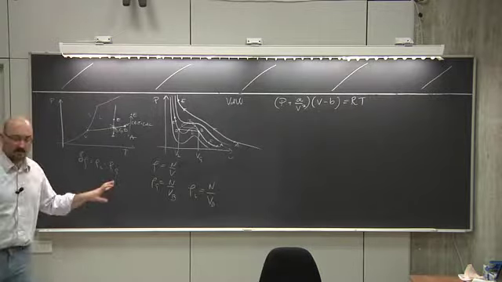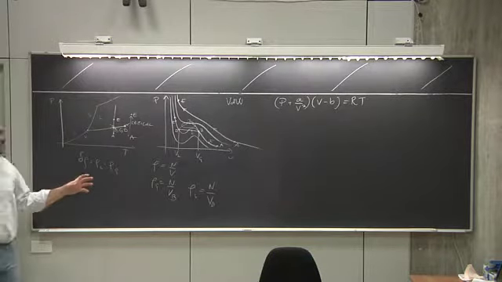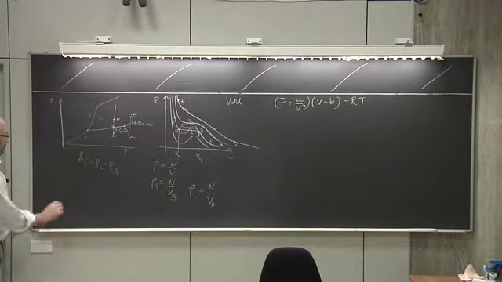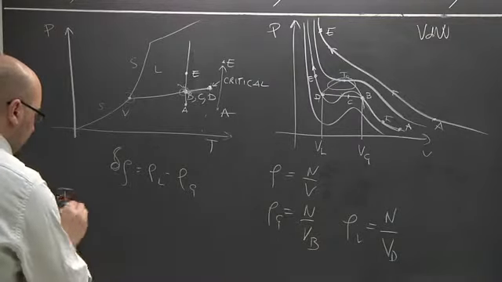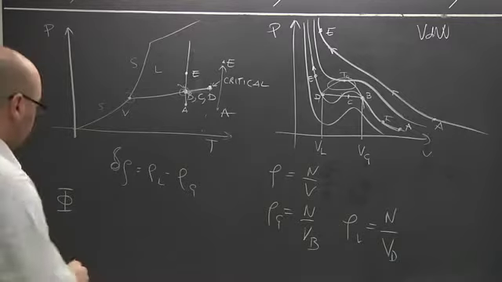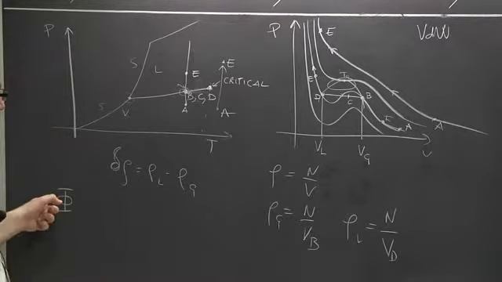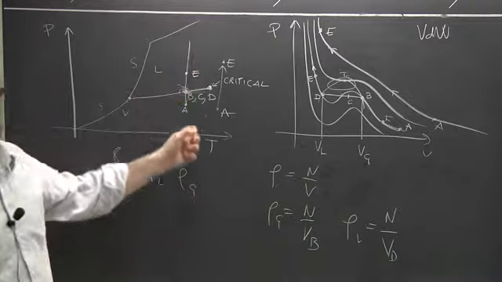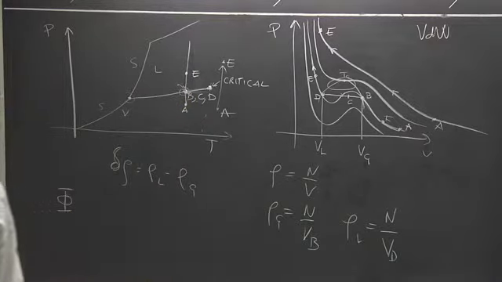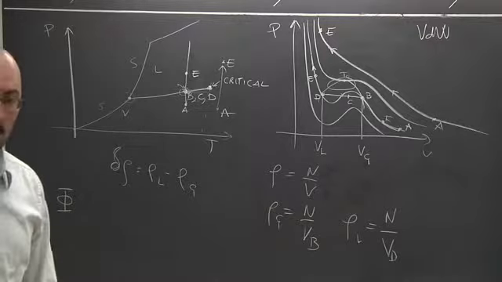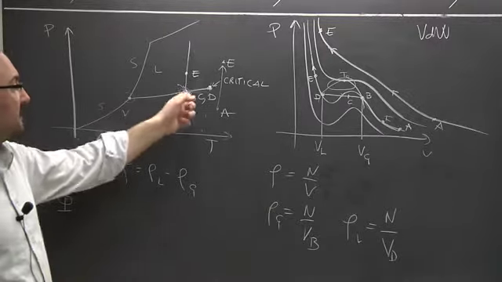If you look at the thermodynamic functions, the function which is relevant here in the PT plane is the enthalpy. And the enthalpy is continuous everywhere. Its first derivative is discontinuous at this transition.